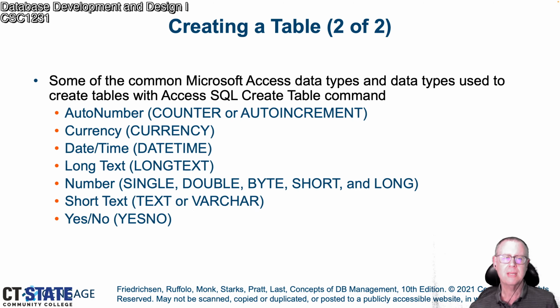The database tells you what it is, and it adds 1 to the previous value that it knows about. So it'll start off with 1, and then the second one will be 2, etc. Sometimes you want to store currency, or date times, or lots of text, or a number, or a small amount of text, or just a flag, yes or no. And all of those are available.